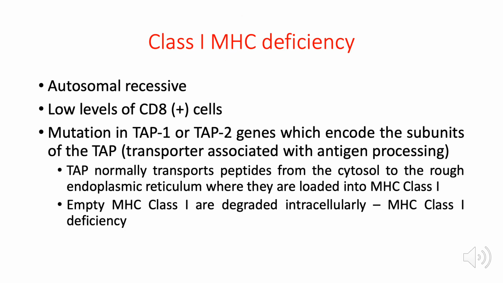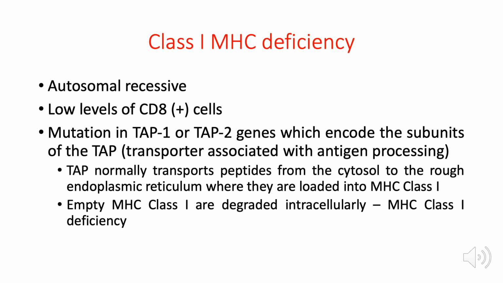Let's go back to this particular slide. According to the last bullet, empty MHC class 1 are degraded intracellularly. Why are they empty? It's because of the failure to transport peptides of viruses and cancer cells into the rough endoplasmic reticulum, brought about by the absence of TAP1 and TAP2 proteins.